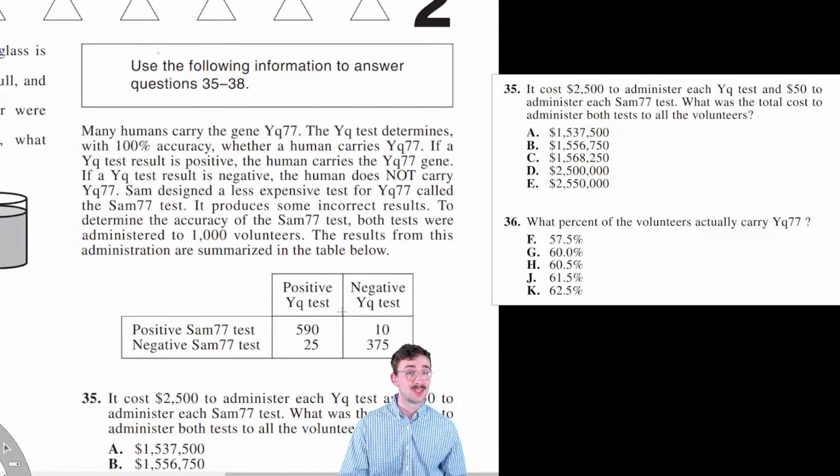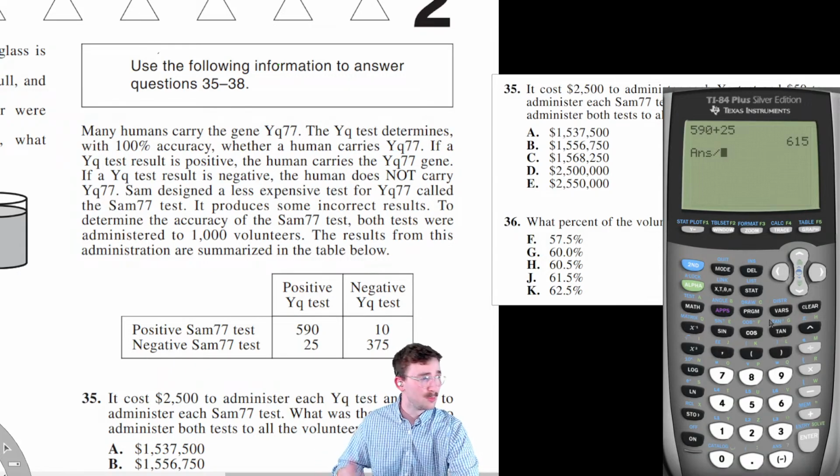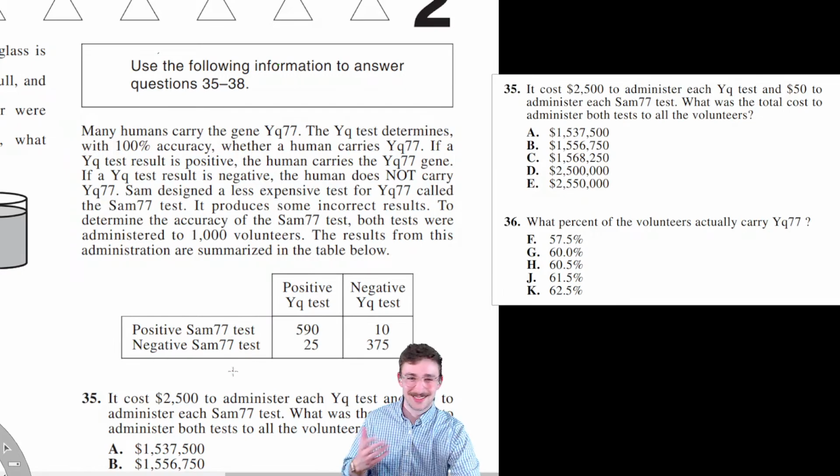So 590 plus 25. Oh man, I have to do some math. Gosh, on the math section, I actually have to do some math. 590 plus 25 divided by 1,000, so that's going to be 61.5%. So J. I almost did an unnecessary step, but oh well. All right, so J, let's check it. It's J.